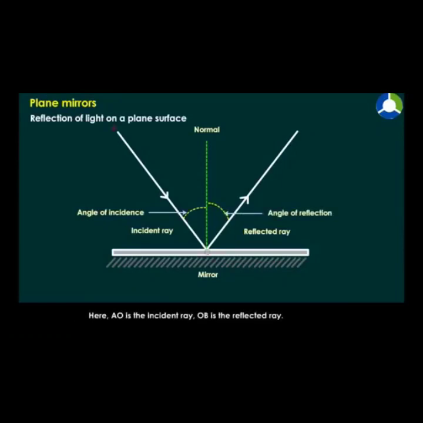Here, AO is the incident ray. OB is the reflected ray. ON is the normal at the point of incidence. Angle AON is the angle of incidence. Angle BON is the angle of reflection.